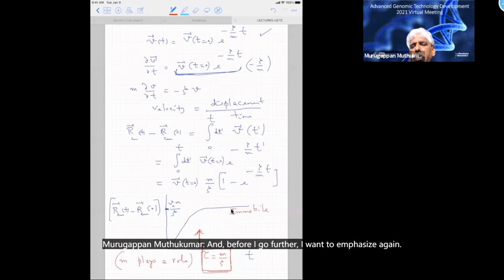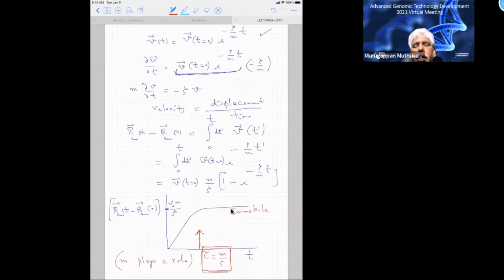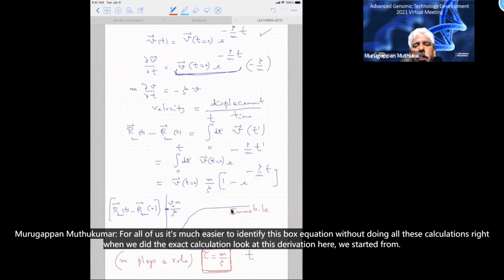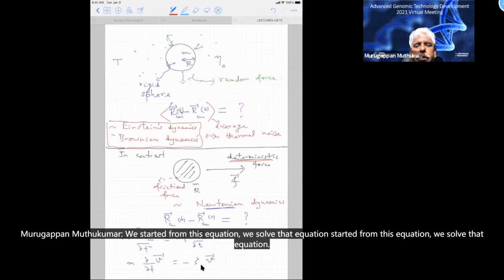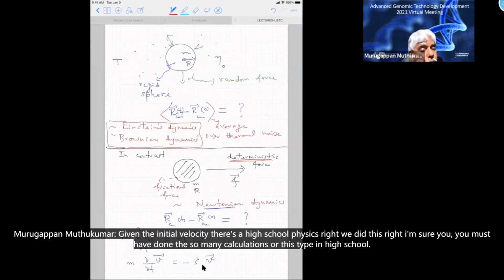And before I go further, I want to emphasize again, for all of us, it's much easier to identify this boxed equation without doing all these calculations, right? When we did the exact calculation, look at this derivation here. We started from this equation, we solved that equation, given the initial velocity.